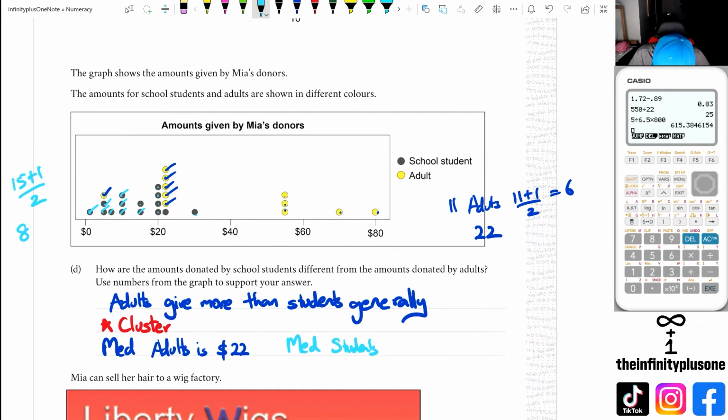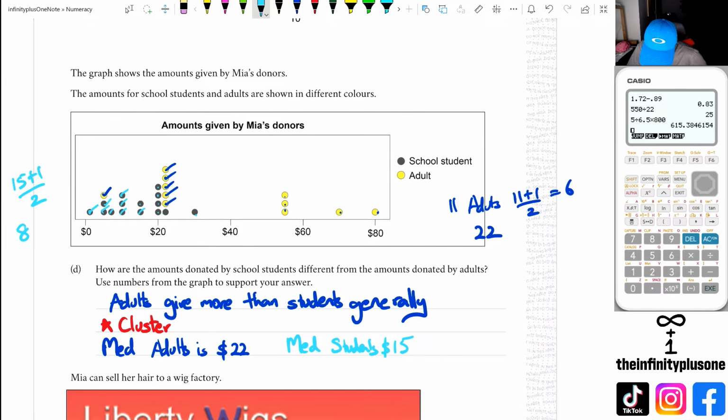Hang on, let me just check this. 15, 1, 2, 3, 4, 5, 6, 7, 8, 9, 10, 11, 12, 13, 14, 15. Yeah, 8. So I'm thinking the median for students is around 15, 16 maybe. Yeah, I'll probably put it as 15 or 16, probably more 16 than anything else.